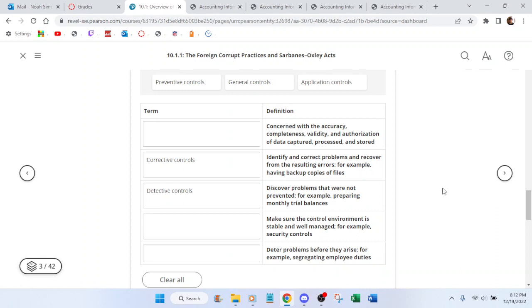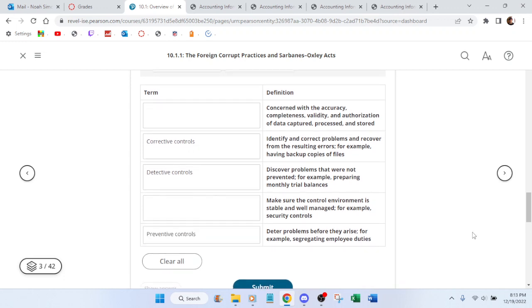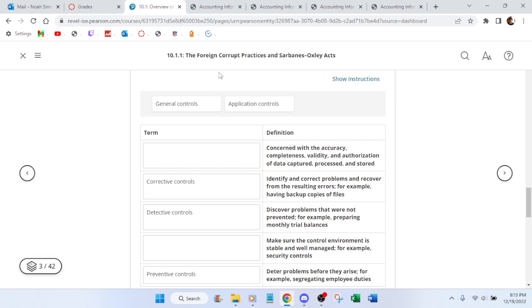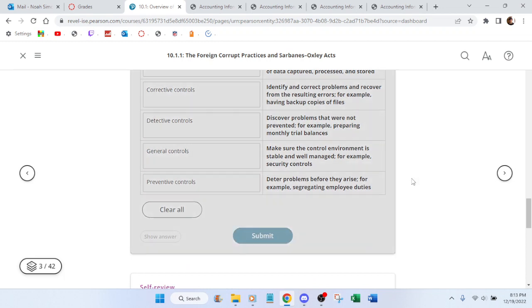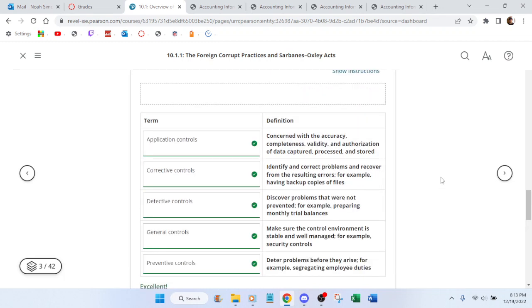Make sure the control environment is stable and well managed. Deter problems before they arise. What application controls are concerned with the accuracy, completeness, validity?